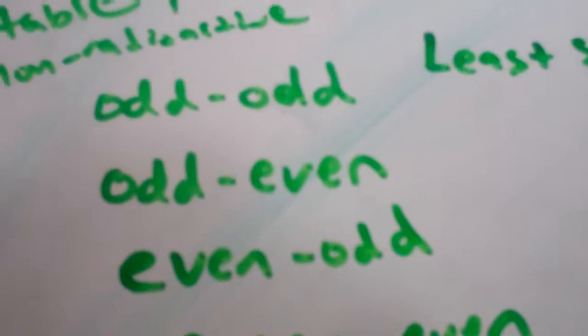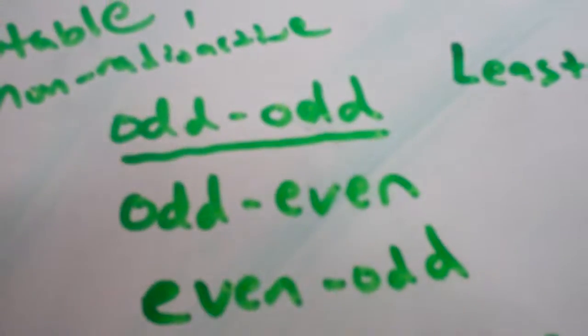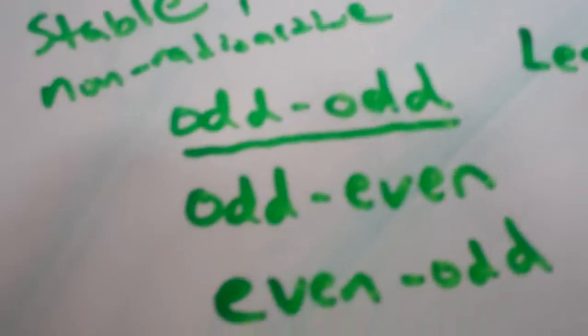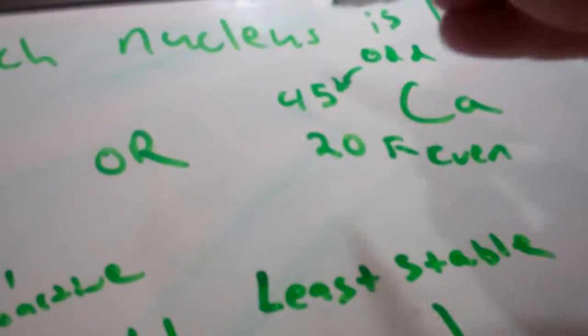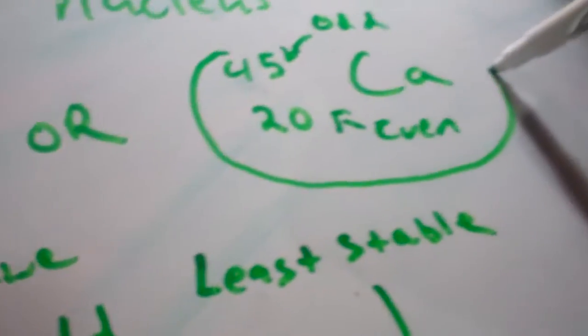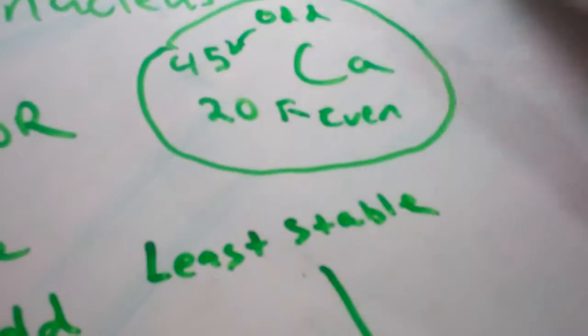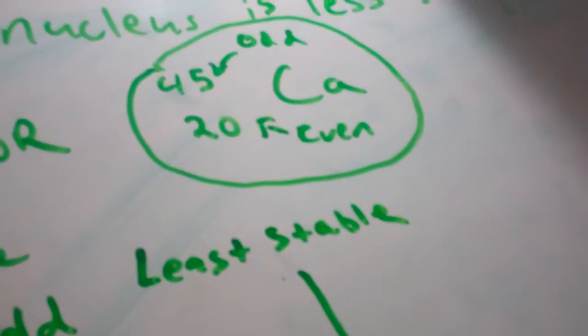So although it's not as radioactive as if we would have an odd pair, it's going to be more radioactive than an even, which is not radioactive. So therefore, this is going to be our least stable nucleus.